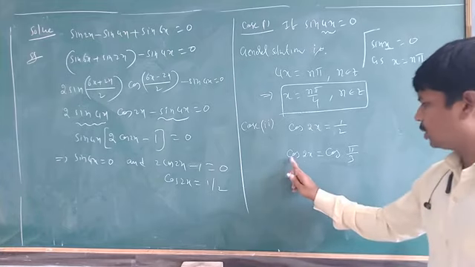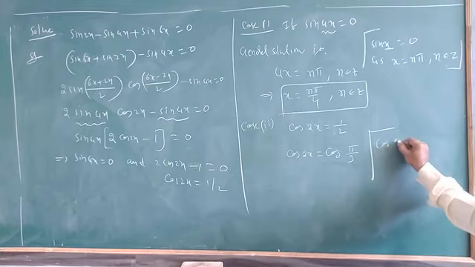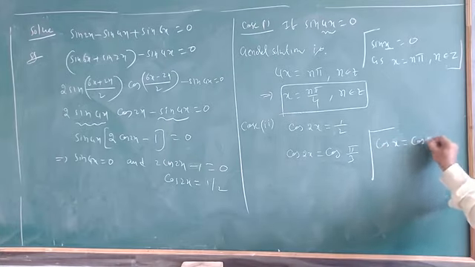So which form is it? Cos x is equal to cos alpha.